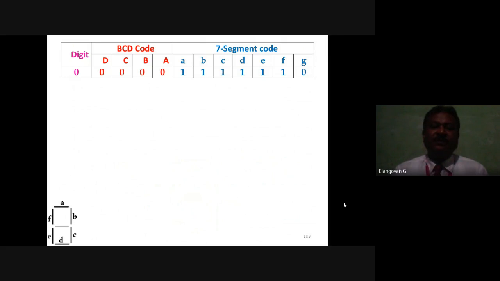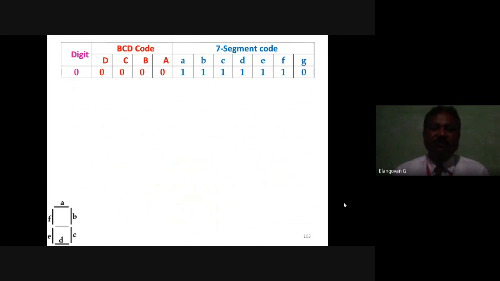This method is the common cathode configuration, but in real-time applications, common anode is used most of the time. So the ones are converted to zeros, but that will be out of our scope. Anyhow, the ones which are to be turned on, we will make 1, and the ones which are to be turned off in the 7 segment, we make 0. That alone we are bothering with here.